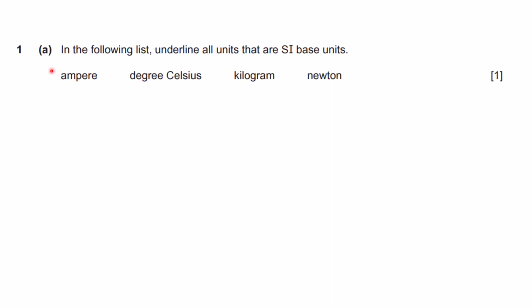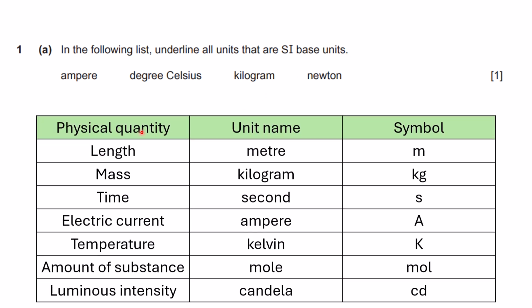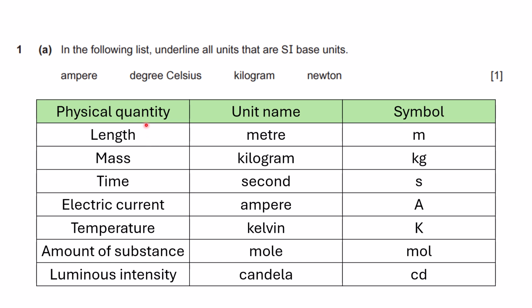Question 1a. In the following list, underline all units that are SI base units. To review all the units, I have this list for you. Physical quantity, unit name and symbol.